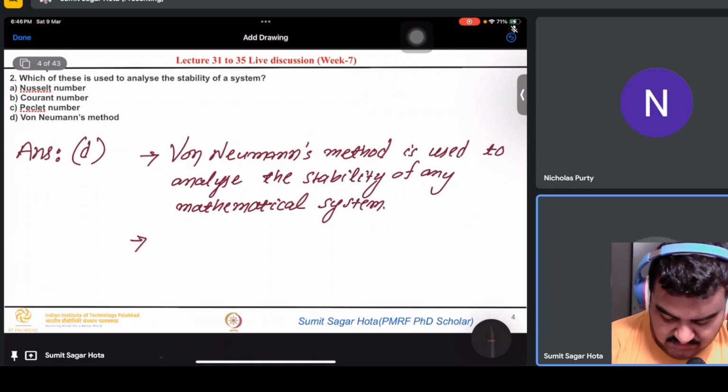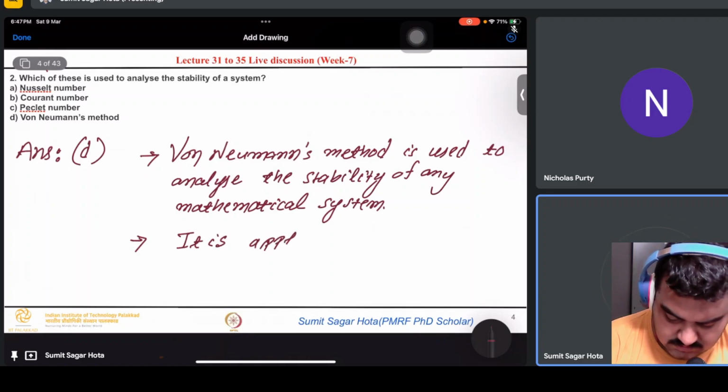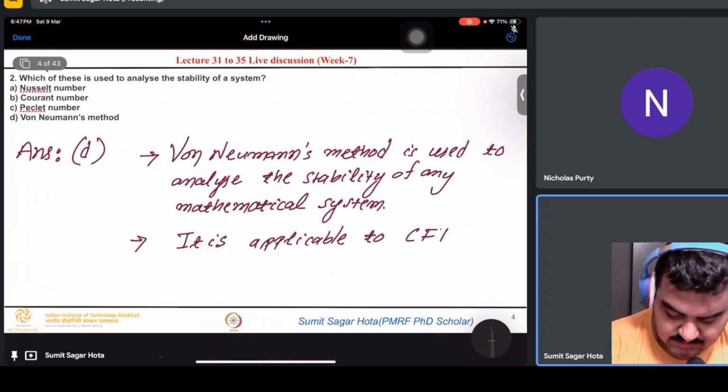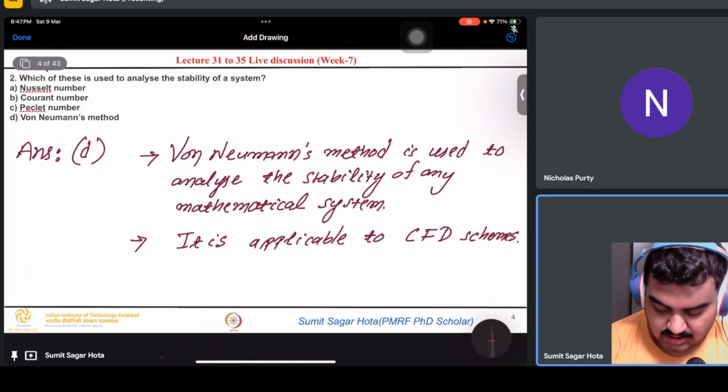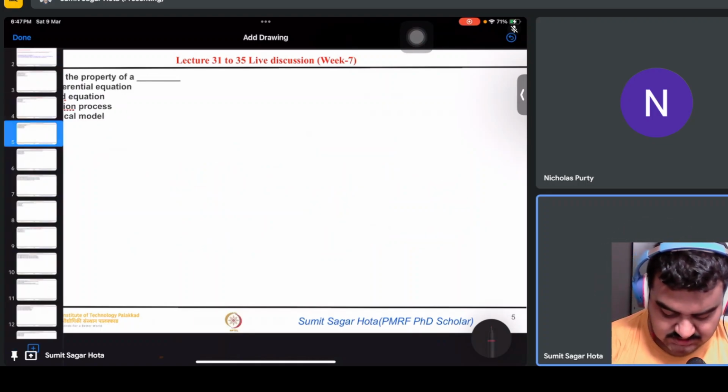This is also useful for applying to schemes, computational fluid dynamics schemes. Go to the next one.